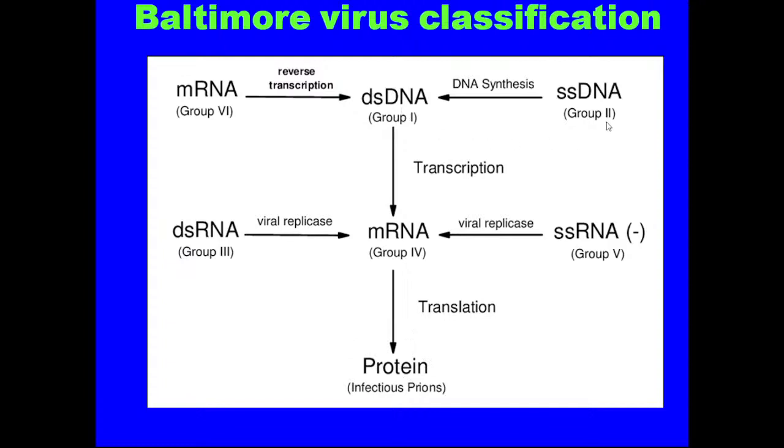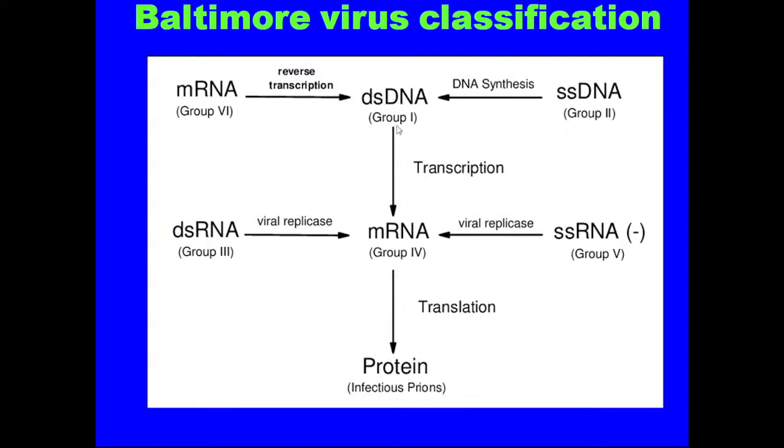Then group 2, single-stranded DNA. Usually what is the strategy? Single-stranded DNA should be copied to make double-stranded DNA, then transcription into mRNA, and then protein translation.